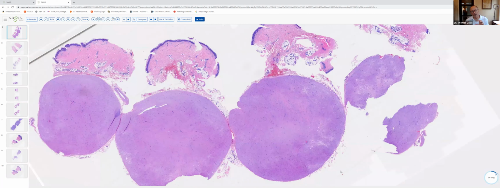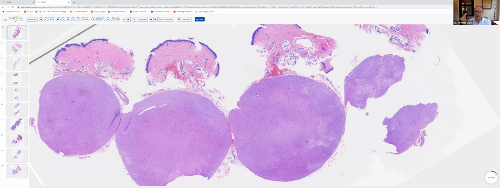They've got a very distinct appearance on scanning magnification. One sees typically a very well circumscribed pink ball in the dermis. And really, there are only a couple of things that give you this well circumscribed pink ball in the dermis. One of them is a pilar cyst.